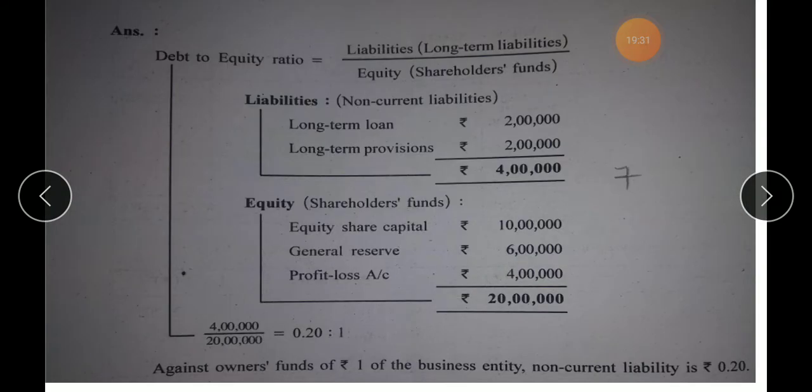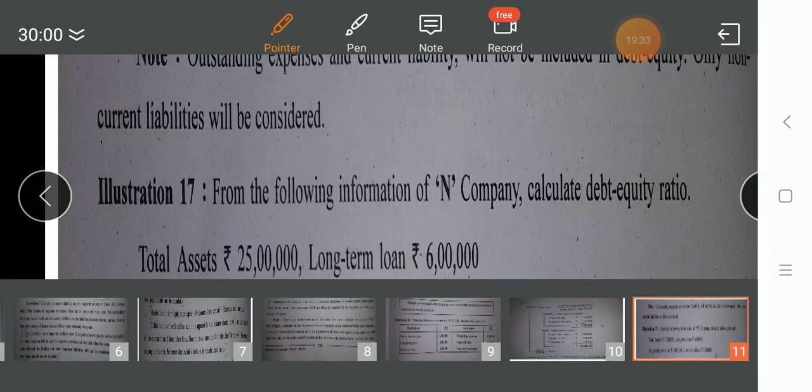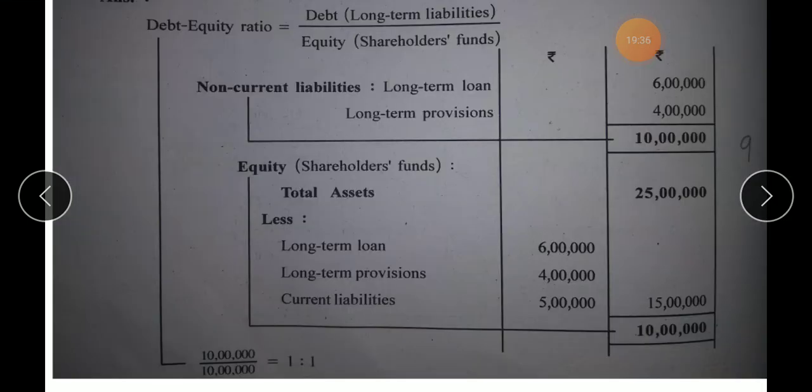Let us see the solution then. Total assets 25 lakh. Total assets minus long-term liabilities, which is 10 lakh, minus current liabilities 5 lakh. So the answer that arrives is obviously for shareholders' funds, which is 10 lakh. And putting these two figures in the given formula, you'll obtain the answer 1:1.